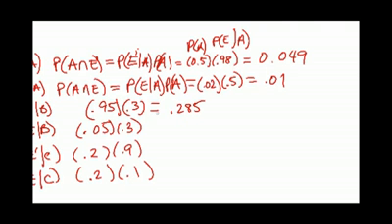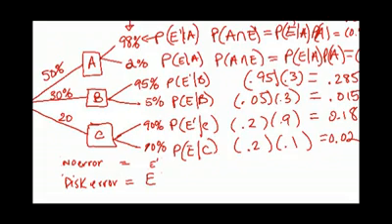After that, we're going to have 0.05 times 0.3. And then 0.2 times 0.9, and finally 0.2 times 0.1. So those are all the intersections. Again, refreshing your memory, it's going to be taking the conditional probability times the probability of the condition to get the intersection of those two events.